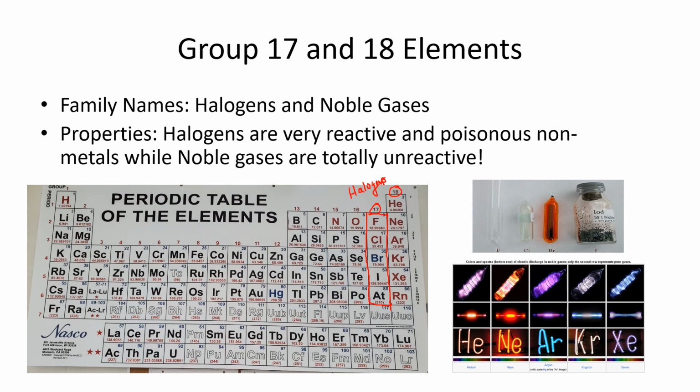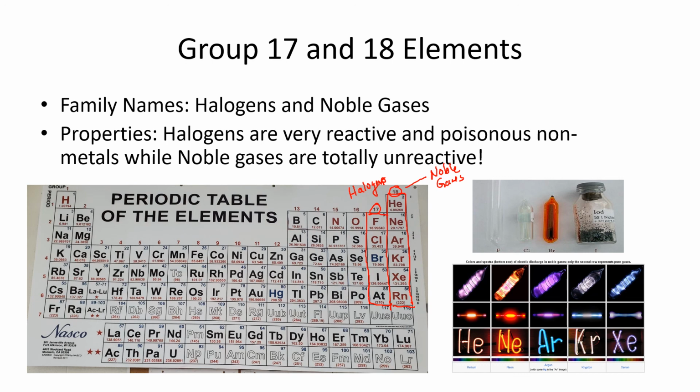And the last group are the noble gases. Now, noble gases are super unreactive. They were the last elements to be found because of their structure, they don't interact well with other elements, and it's difficult to isolate them.